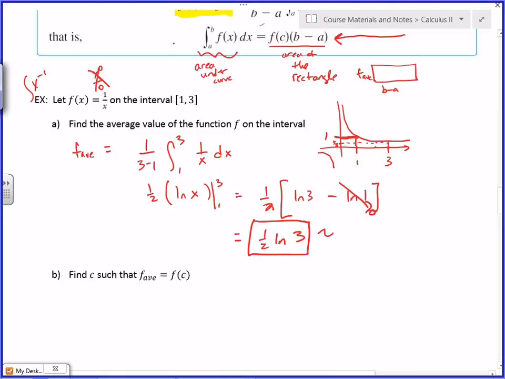This is approximately 0.5493. All right, I'll round to the 4th decimal place. That's close. Okay? So now what I'm going to do is set f of c equal to f ave. f of c is 1 over c equals 1/2 log of 3.